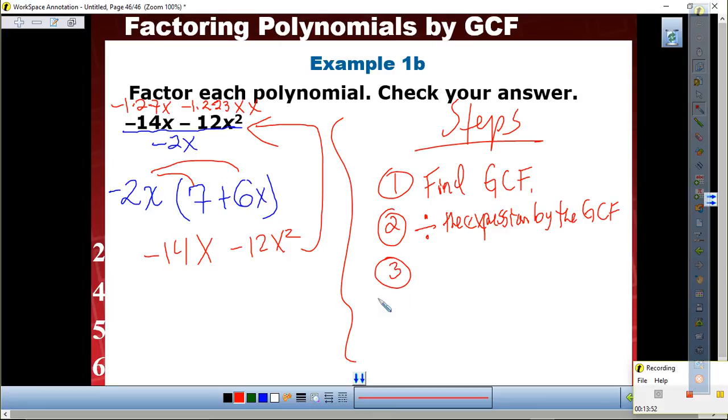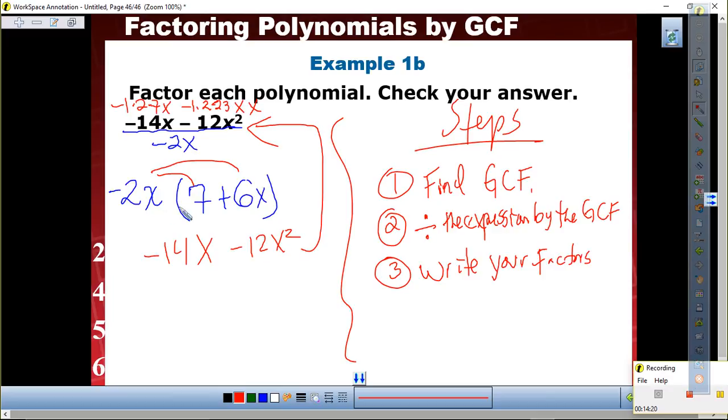Step 3. Let's see. We found the GCF. We divide it. What do we do? Kelly. Write your factors.